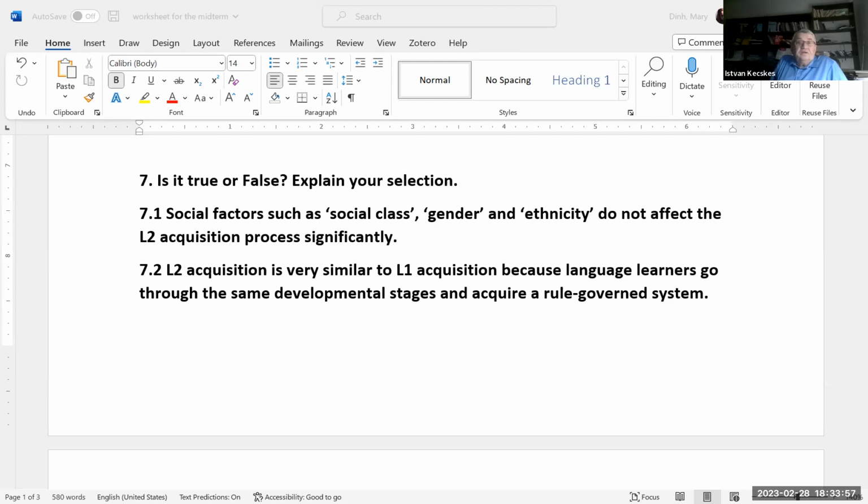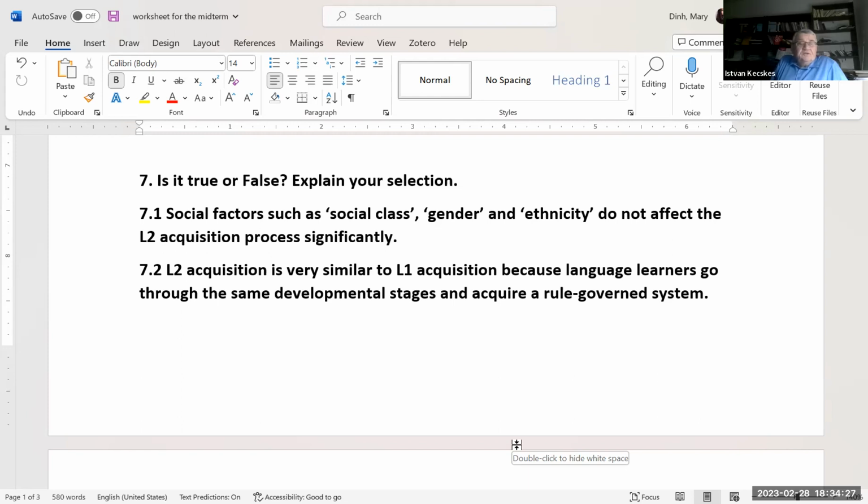But if there is some statement like this that social factors do not affect language acquisition, that's wrong. You know, you cannot say that. So there are several different kinds of social factors. Some of them are present with some individual, the others are present with other individuals. But the point is that there is no language acquisition process without those social factors because they affect the process significantly.